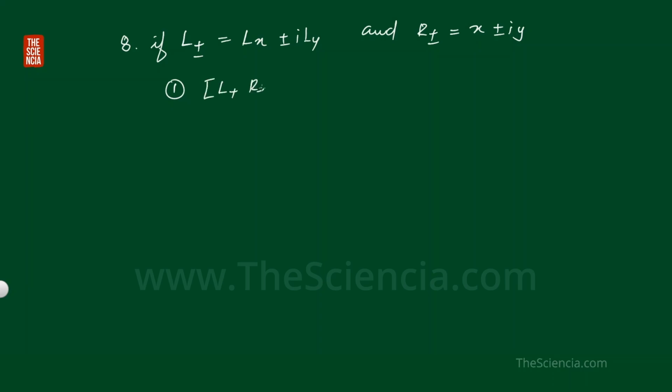Eighth example problem: if L plus or minus is equal to Lx plus or minus i Ly, and R plus or minus is equal to x plus or minus iy, then you have to solve for first, L plus R plus; second, L plus R minus; third, L minus R plus; and fourth, the commutator bracket of L minus, R minus.